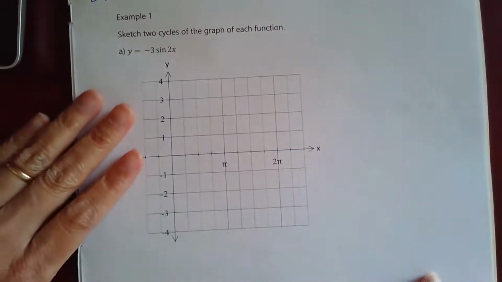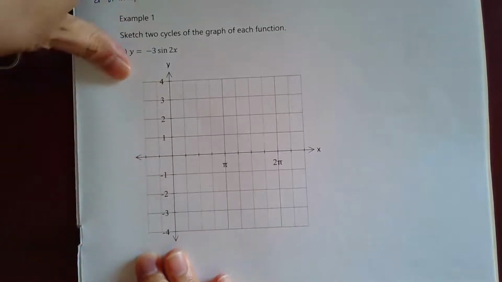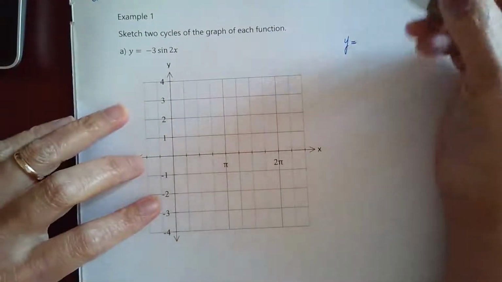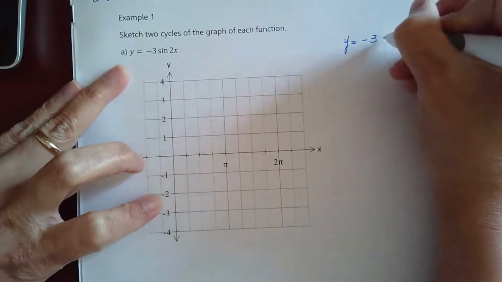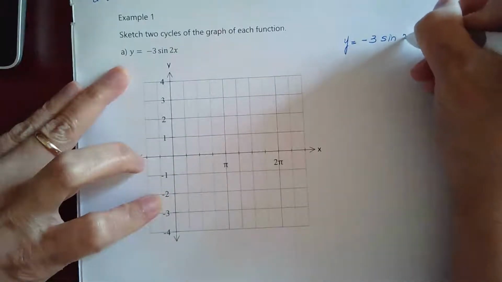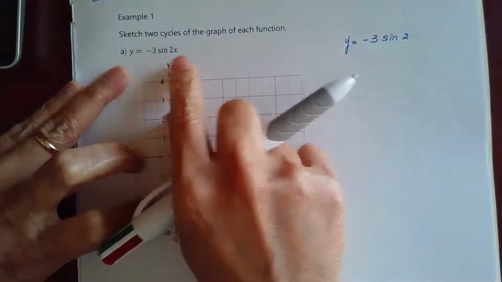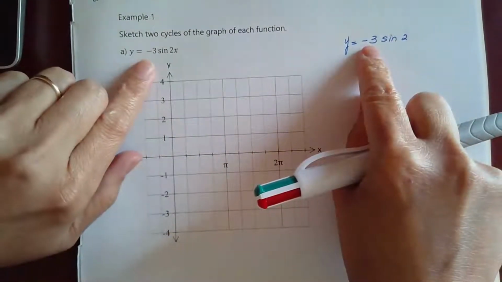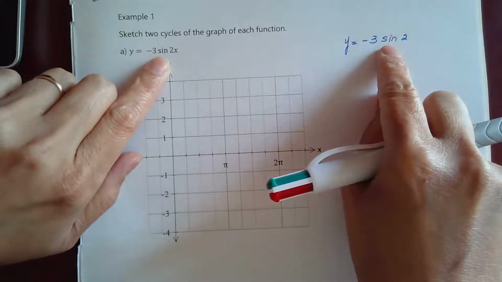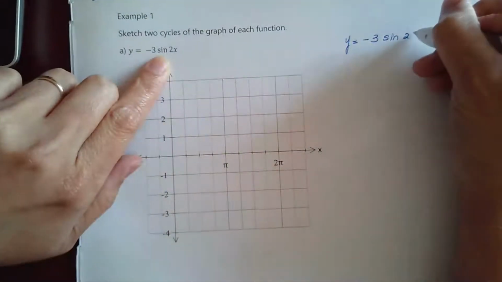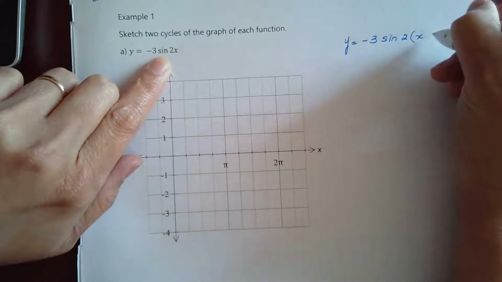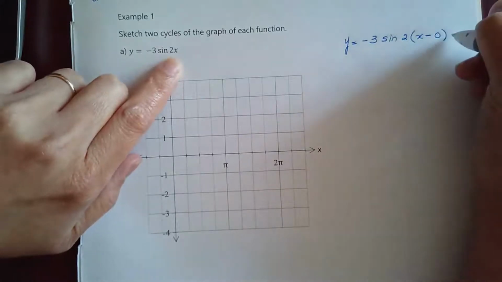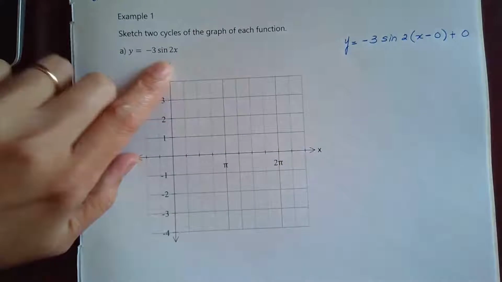So let's take a look at example number 1. y equals negative 3 sine 2x. I'm going to write it in a complete version of the parameters A, B, and C. So the A is negative 3, sine is our function, 2 is our b, and then x minus c, minus 0 because there's nothing there, plus d, which is 0.